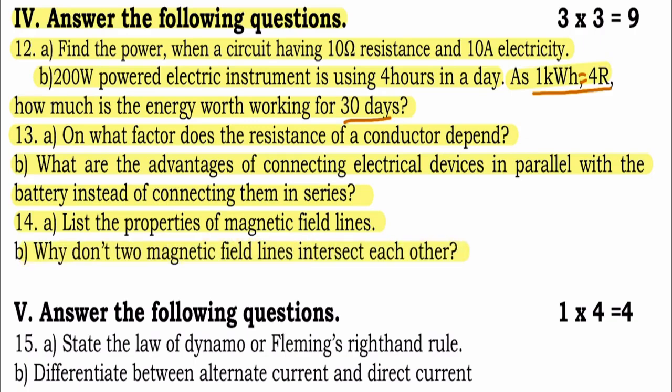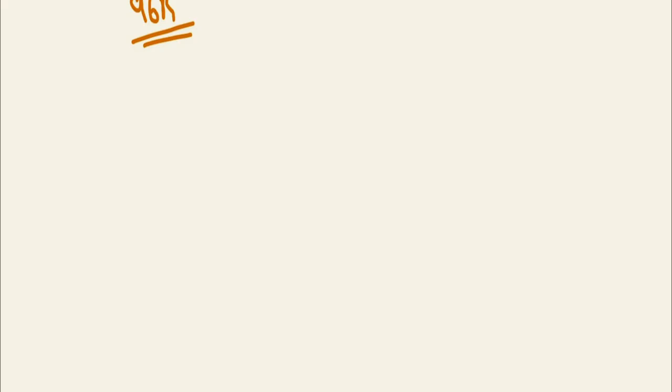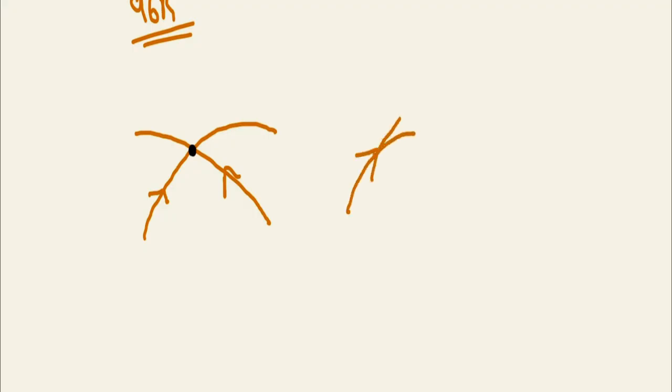Two magnetic field lines do not intersect each other because at every point in space the magnetic field line has a unique direction. For example, observe this as one magnetic field line and take this as another magnetic field line, and they intersect at this point. But when we are calculating direction for the magnetic field lines, we need to draw a tangent in the direction of the magnetic field.